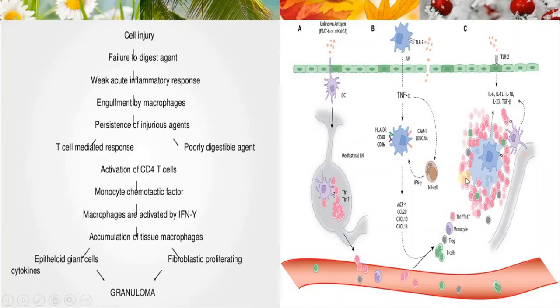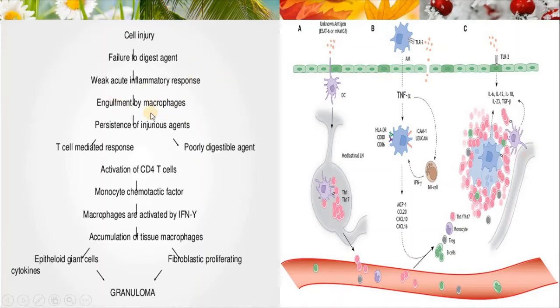How does it form? When the organism is only engulfed, not killed or digested, the causative agent has the capacity to persist intracellularly, and they persist for a long time.